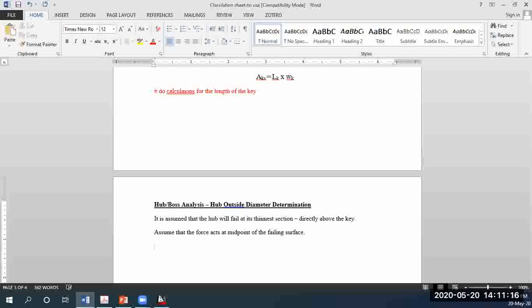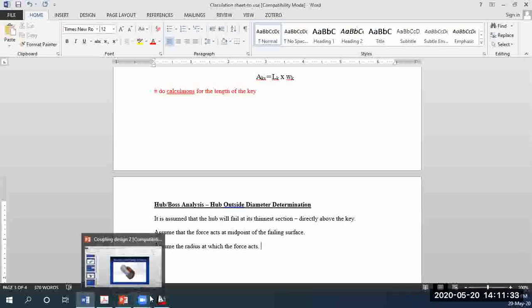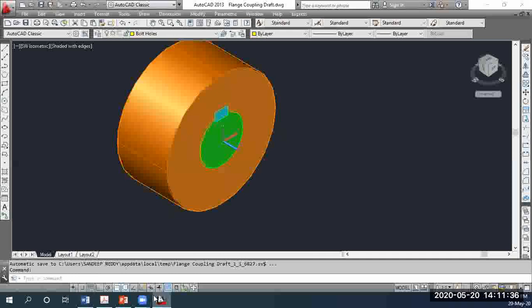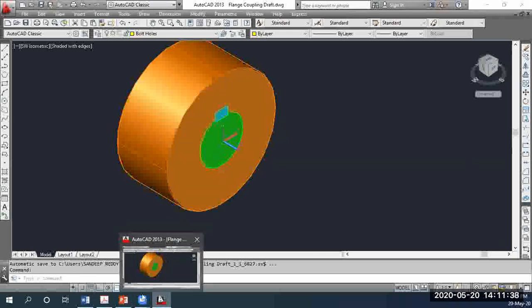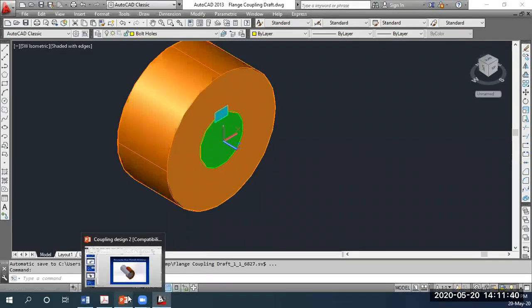The third assumption is that assume the radius at which the force acts. So the type of force here is tensile force, right? Okay. So what we need to do is, okay, this is a bit tricky, right? So what you need to do is, once again, going back to this diagram.